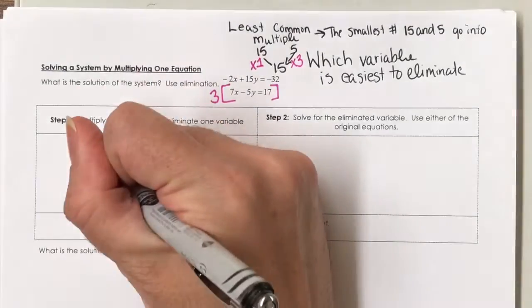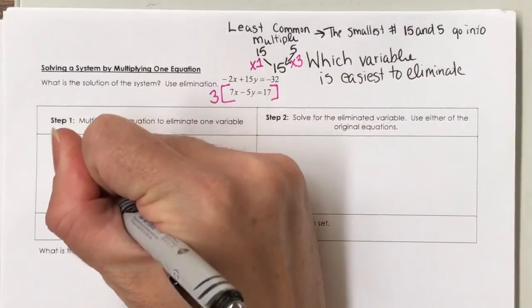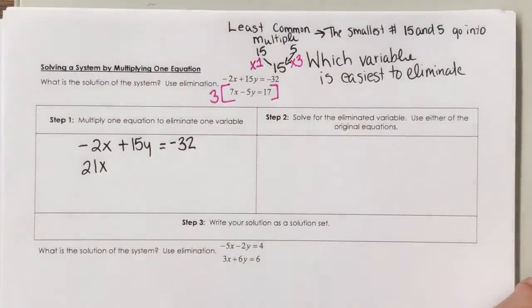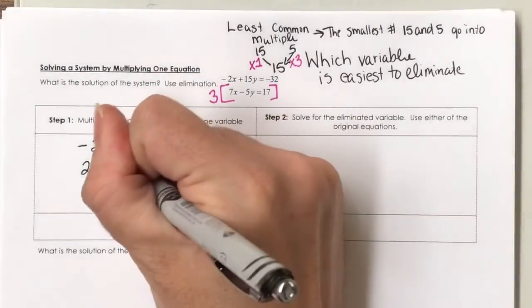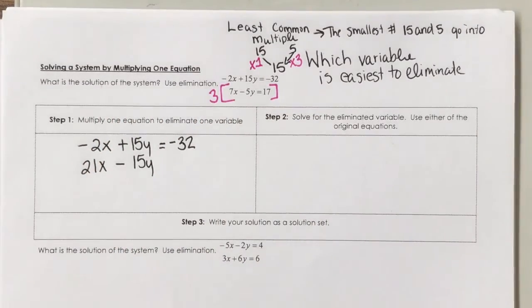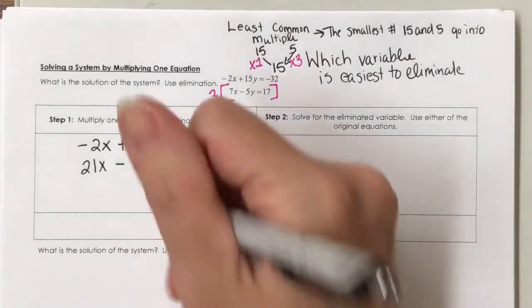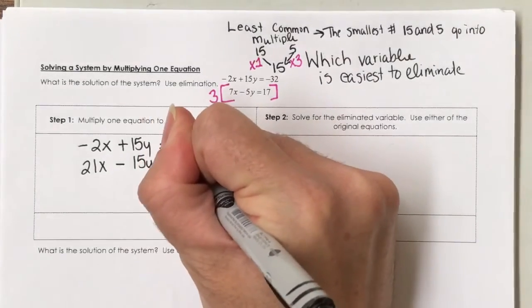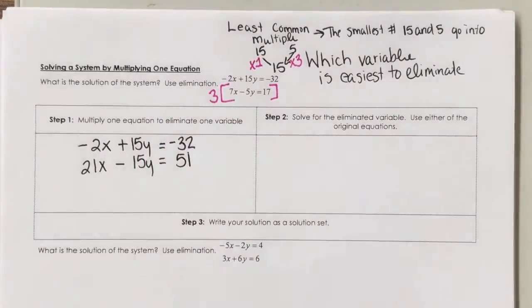So 3 times 7 is 21x. 3 times negative 5y is negative 15y. And then 3 times 17 is 51. So now we have opposite variables.